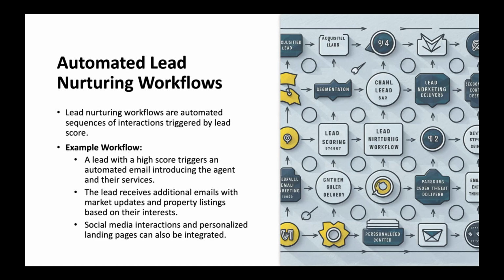So if they're interested in apartments, you want to be sending them information about apartments, 2-bed apartments, 3-bed apartments, depending on the behavior they exhibited when they visited your website. You'd also tie that in with their social media interactions and try and personalize the information that they see and personalize the landing page they see when they engage with you.